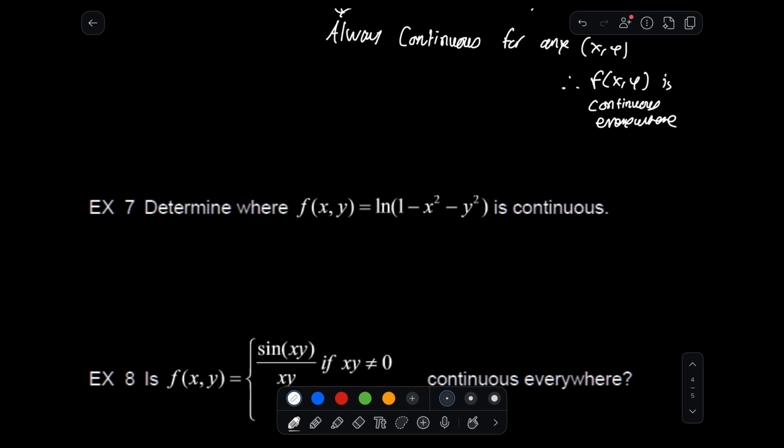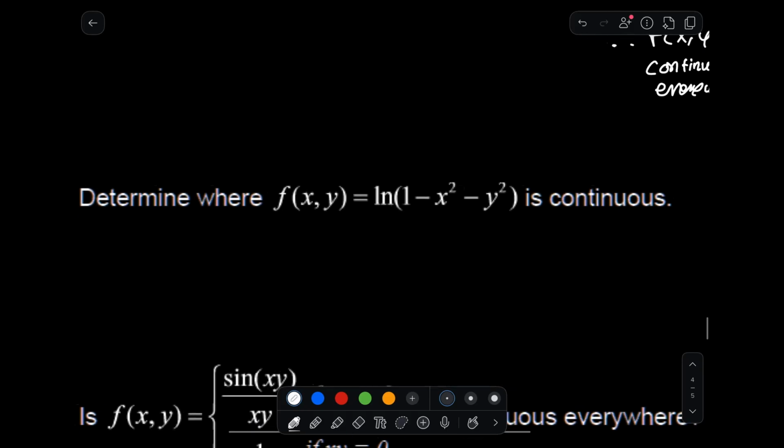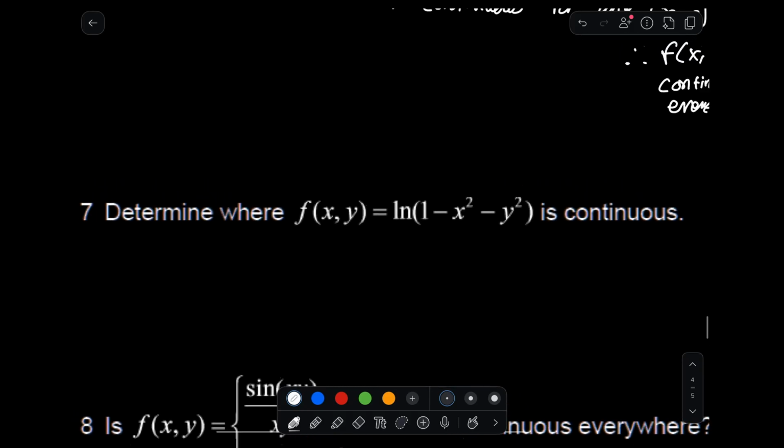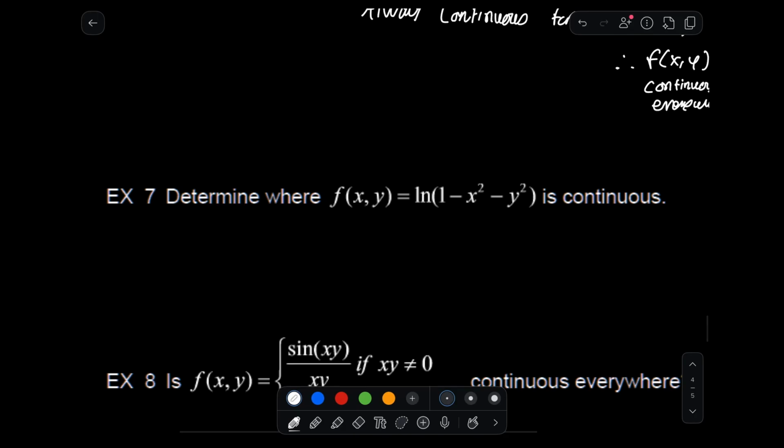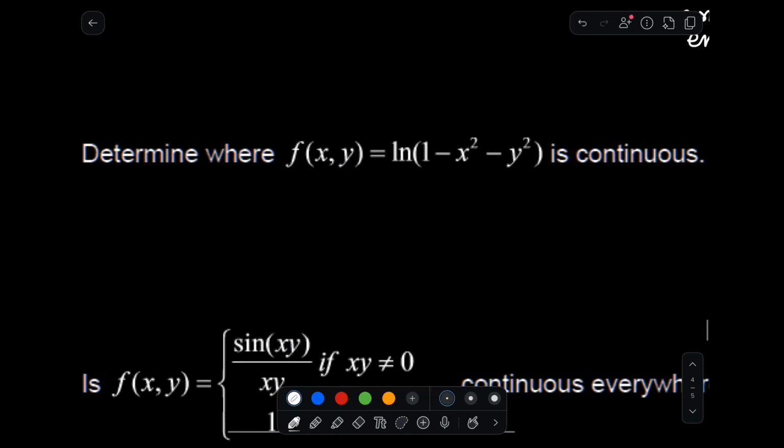Example 7, determine where f of x, y equals ln of 1 minus x squared minus y squared is continuous. So feel free to pause the video, try this one on your own, and let's get right into it. So for natural log, it has to be greater than 0, right? There's no absolute value, it's just a parentheses, so we know that this has to be greater than 0.